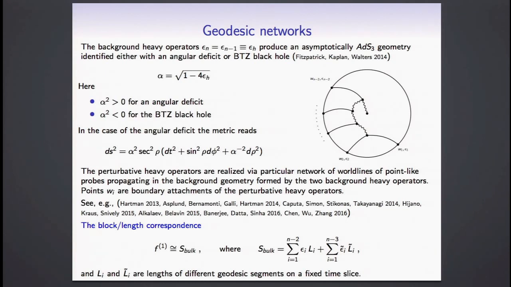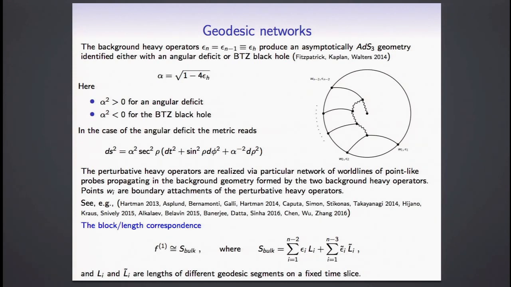For the conical singularity, this alpha parameterizes the angle deficit. In this case, alpha squared is positive. And if we add more mass in our space, alpha becomes purely imaginary, and then the conical singularity evolves into the BTZ black hole, and the singularity is now covered by a horizon.